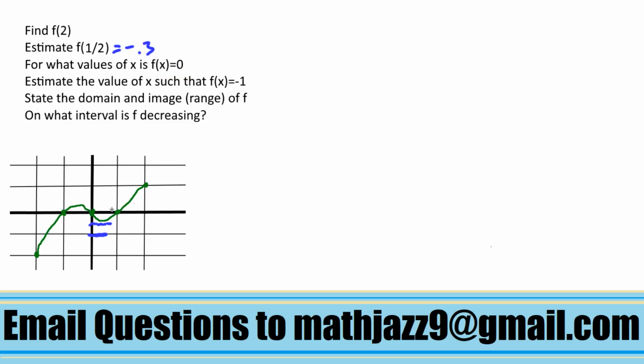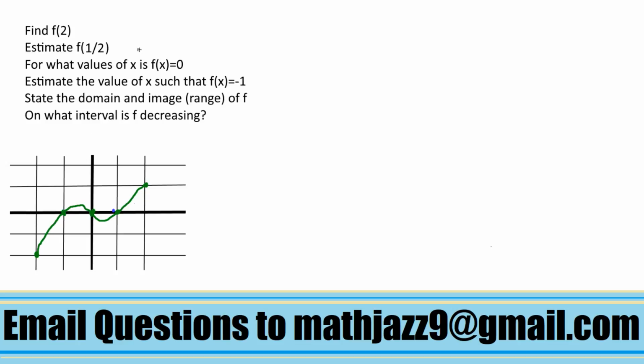Instead of plugging in a number representing horizontal distance and getting out a number that represents vertical distance, we're going to move up and down our graph. That represents the output of our function. And then looking at the horizontal coordinate corresponding to that point gives us our input.